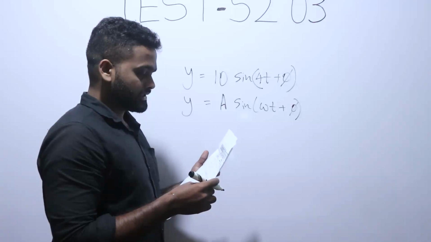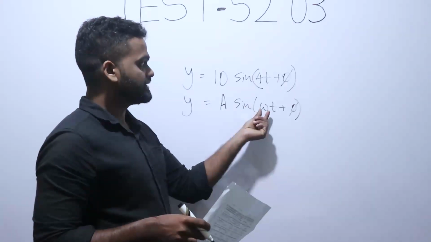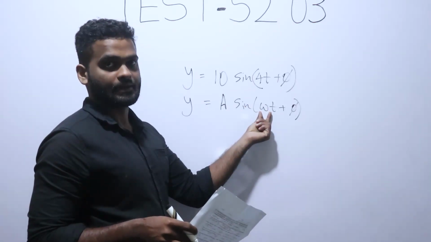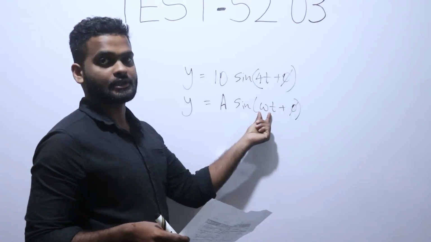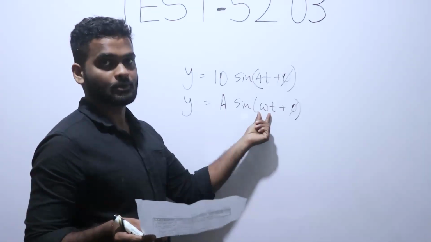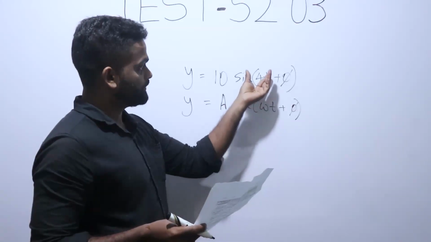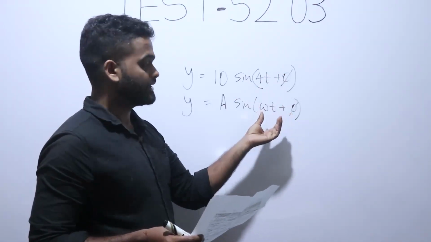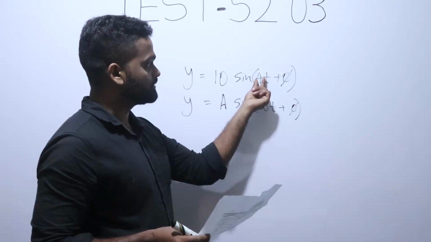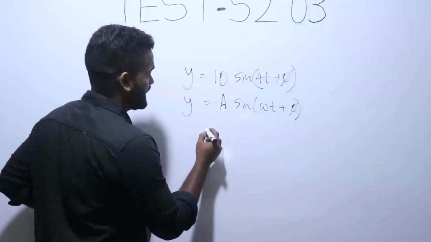So what we need is the time period. Time period is involved with omega, the angular velocity, related to circular motion and simple harmonic motion. If you compare these two equations, you can say that omega is equal to 4.